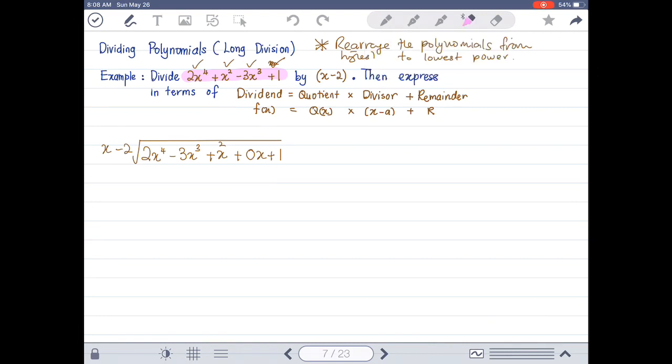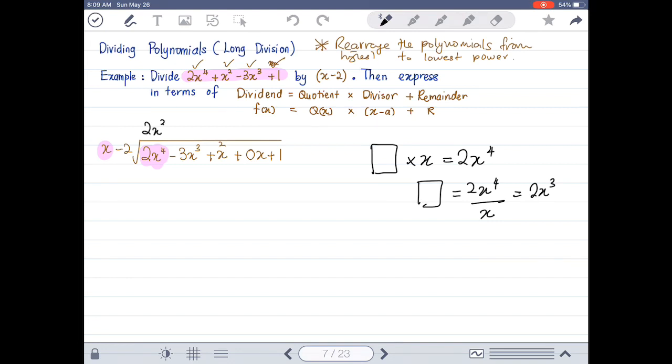First step, what times x should get 2x to the power of 4? Basically, that is just 2x to the power of 4 divided by x, which equals 2x to the power of 3. So here we have 2x to the power of 3.